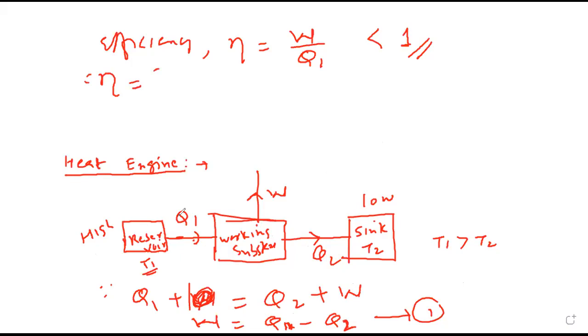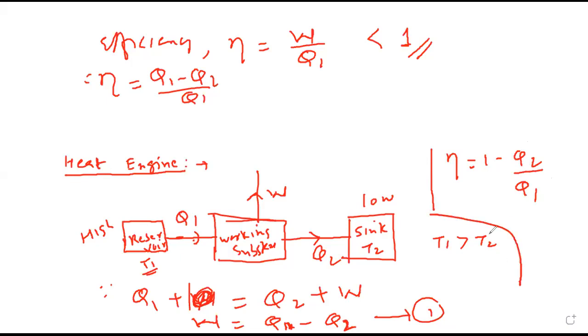Therefore, efficiency is Q1 minus Q2 upon Q1. So it is 1 minus Q2 upon Q1. Or efficiency is 1 minus Q2 upon Q1.